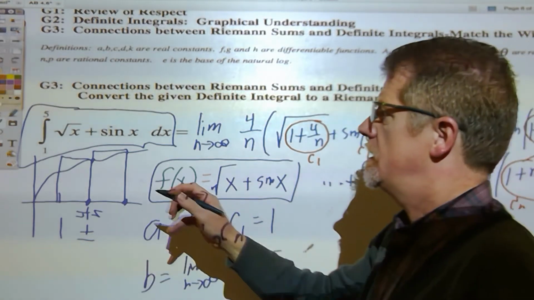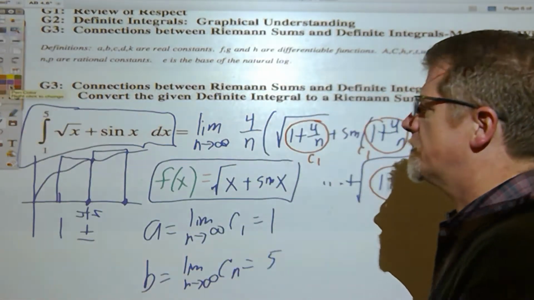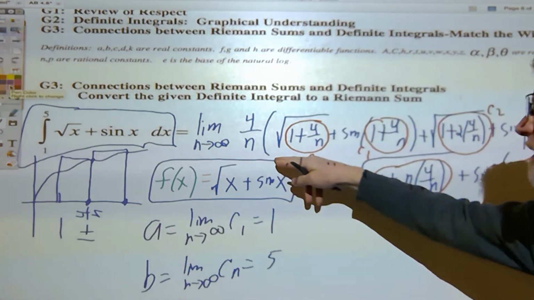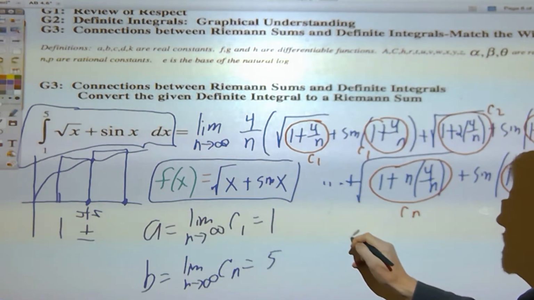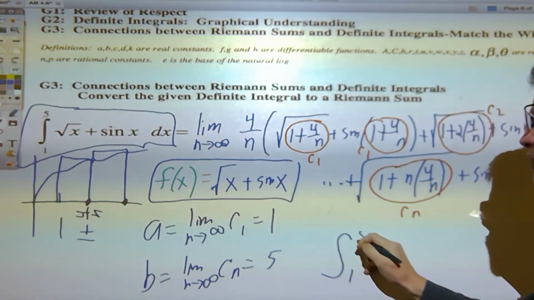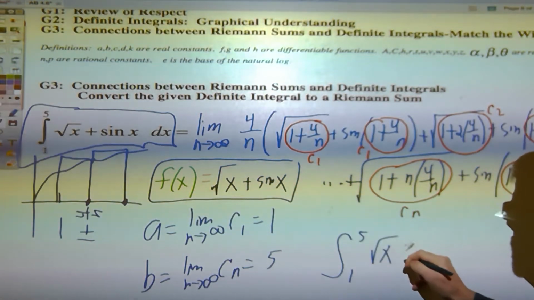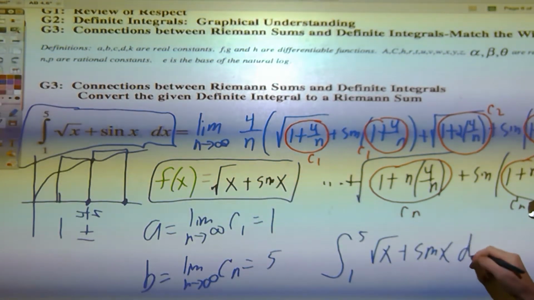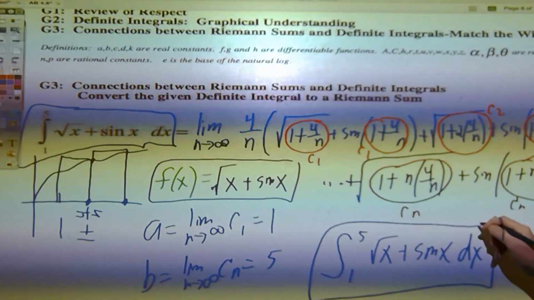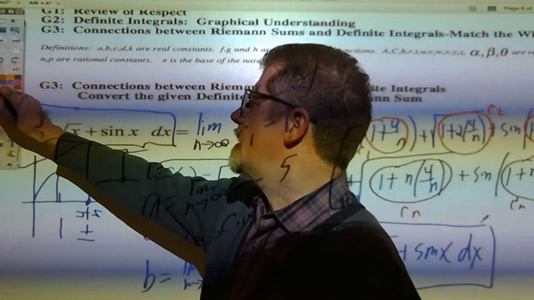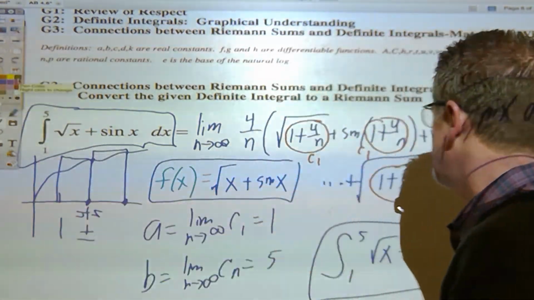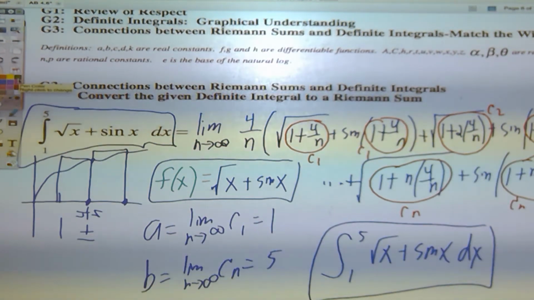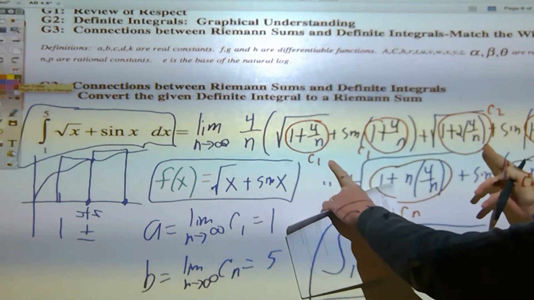Now, the answer, therefore, suppose we didn't know the definite integral. Based on this work, we can tell that the answer is the definite integral from 1 to 5 of square root x plus sine x dx. Now, there's one detail that you have to verify on the more difficult problems, and that is, what's the difference between the golf balls?